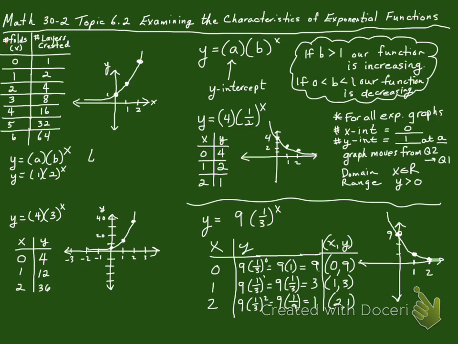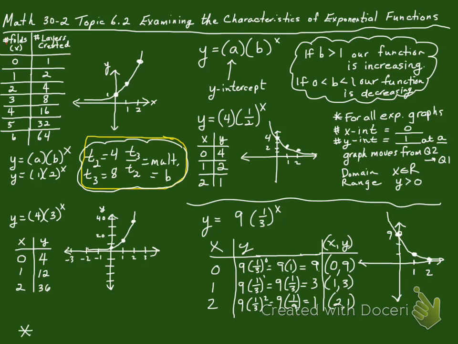But there's another value we want to look at, and that's how to get the b value from our table. If we go back, we can say if term 2 in our first graph was 4 and term 3 was 8, and I divide those two, 8 divided by 4, I get 2.